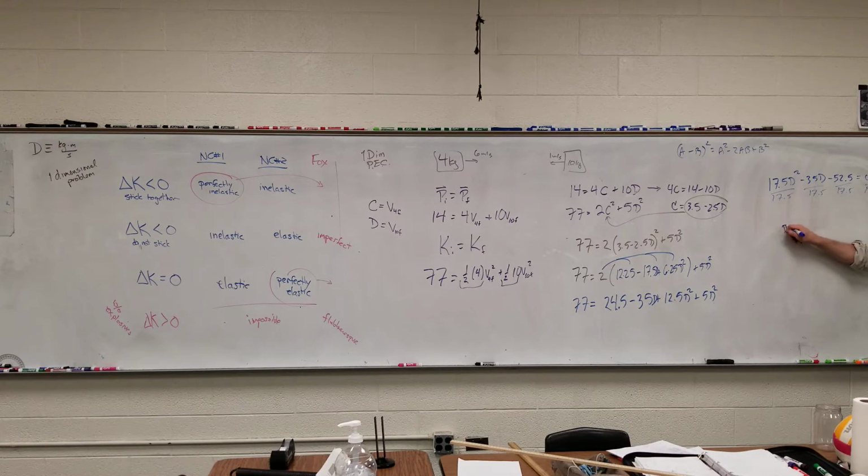So I'm left with d squared minus 2d minus 3 equals 0.